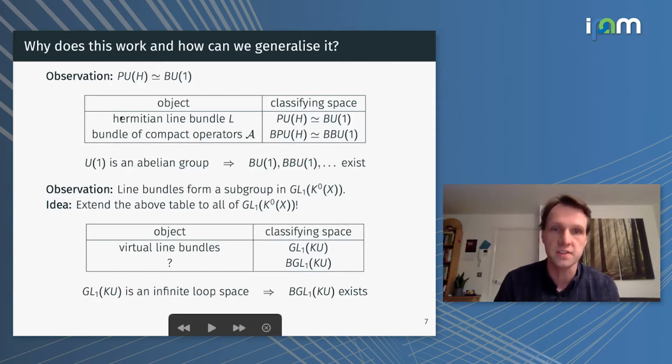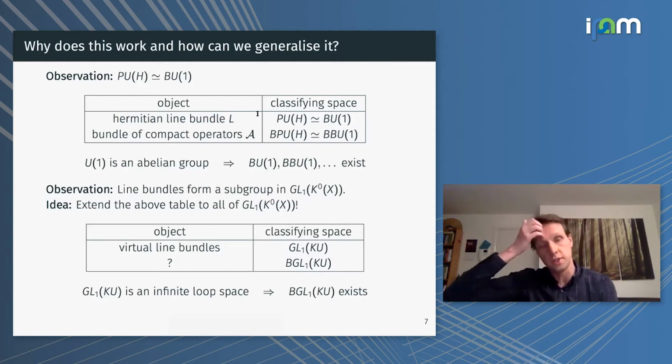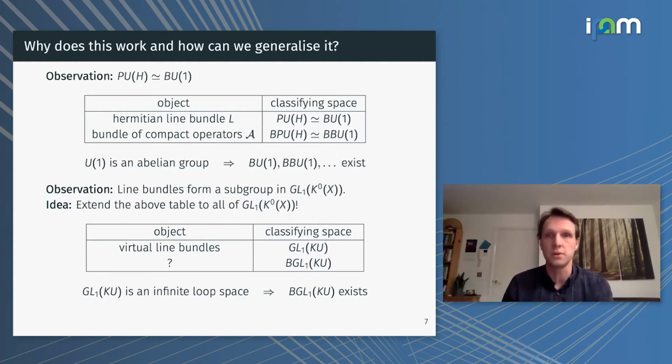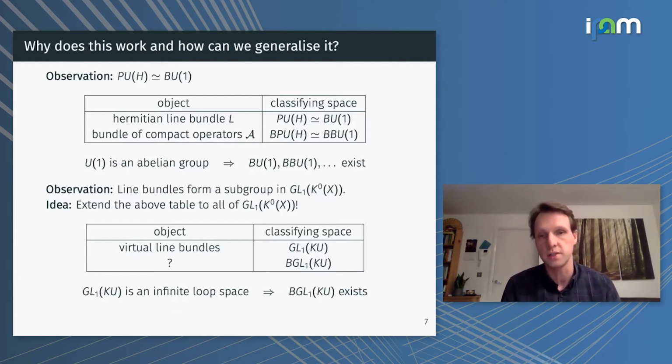So that's a unit in K-theory, but these are not all units, right? To get all the units, since K-theory is not about vector bundles, it's about formal differences of vector bundles, you would have to take virtual line bundles, right? So you would have to take formal differences of vector bundles that have virtual dimension plus or minus 1.